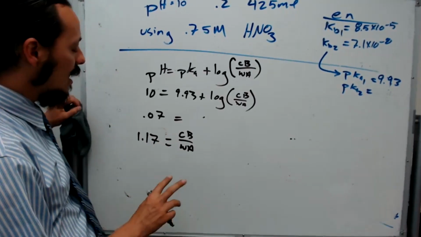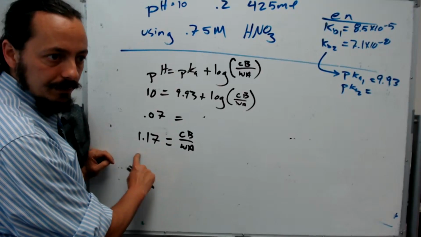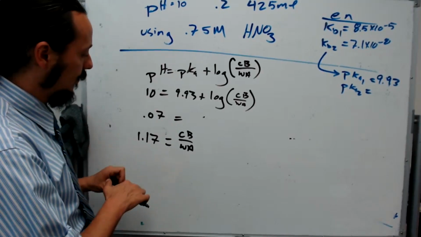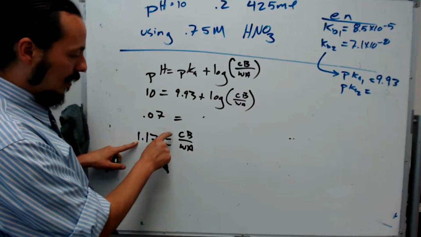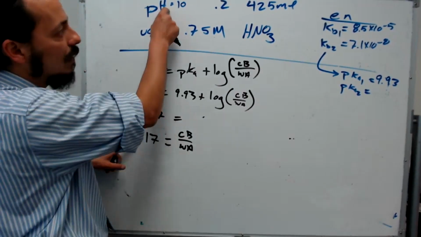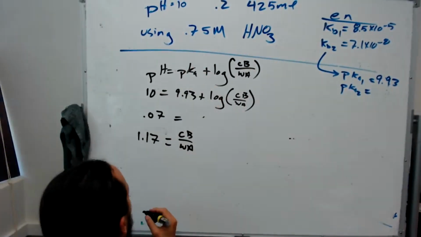Great. Notice if we were exactly at the midpoint, this would just be equal to 1, right? We'd be evenly balanced. We've got something close to 1, a little bit more conjugate base than weak acid because we're a little bit more basic than the midpoint. That's all making sense.